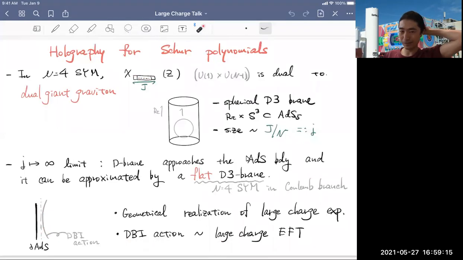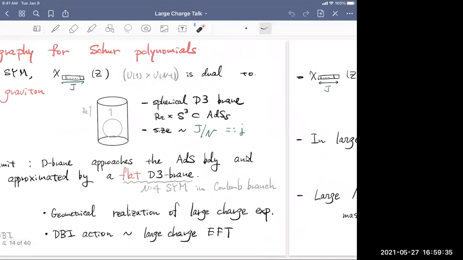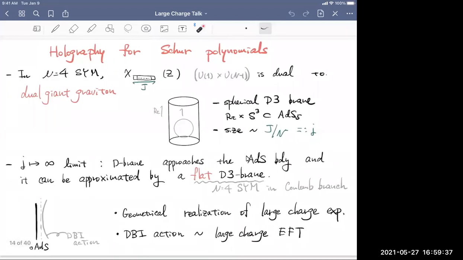Normally, if you have an operator with N squared dimension, you might think you get some deformed geometry, but for this particular operator, you still get a D-brane.